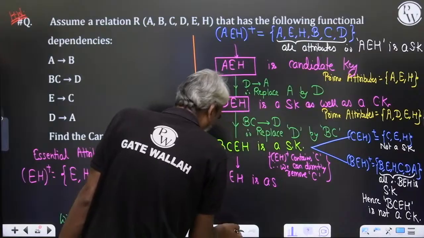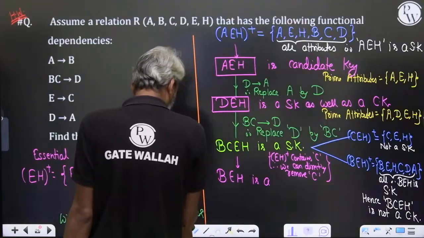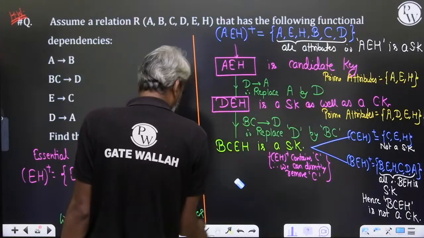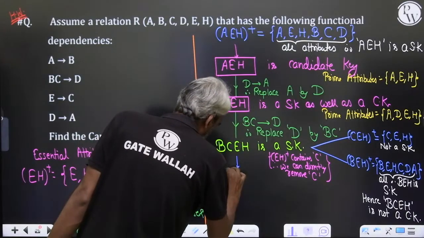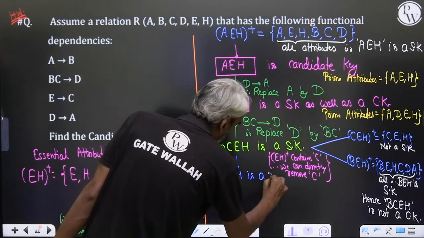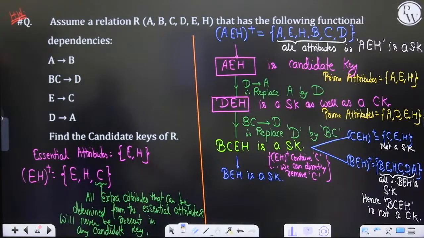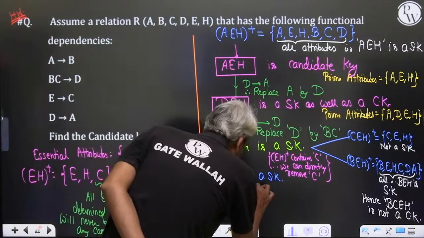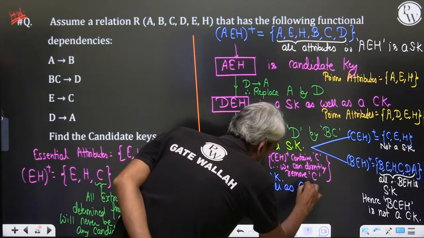We got a smaller size. Now we need to check for any other proper subset. No, sir.